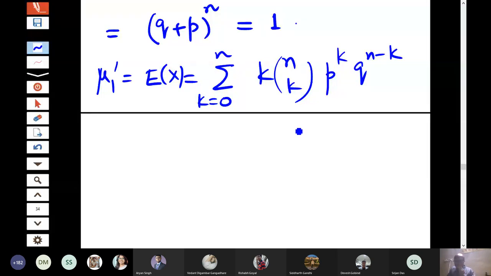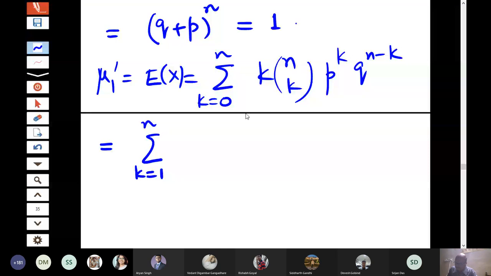Now you see that the sum over k of nCk p^k q^(n-k) became an expansion of the binomial series. If I multiply by k, then there is a little problem here, so we apply a small trick. Of course k goes from 0 to n, but for k equal to 0 this term is actually not there, so we can write k equal to 1 to n, because for k equal to 0 this will become 0.